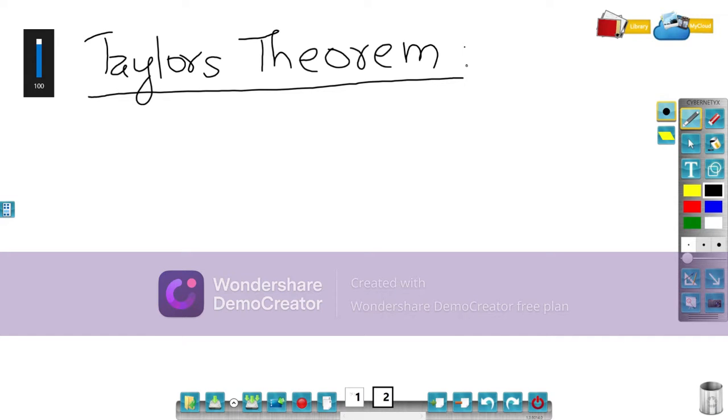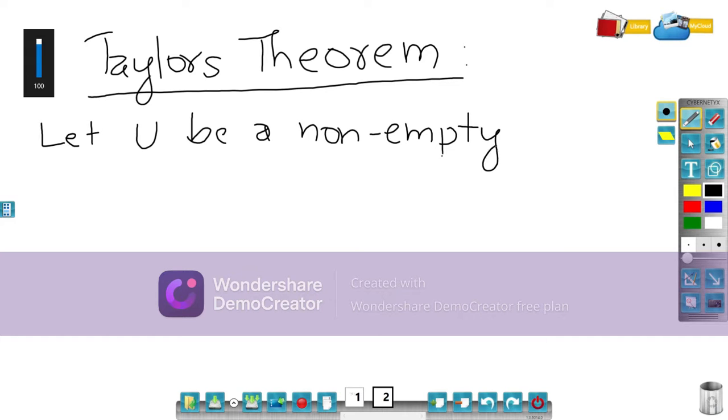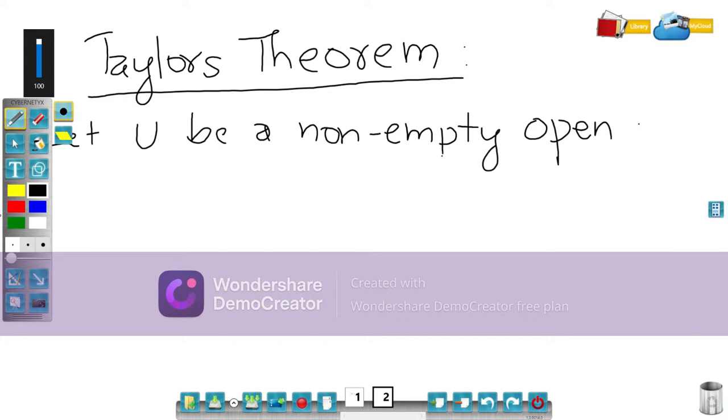So let capital U be a non-empty open set in R2.